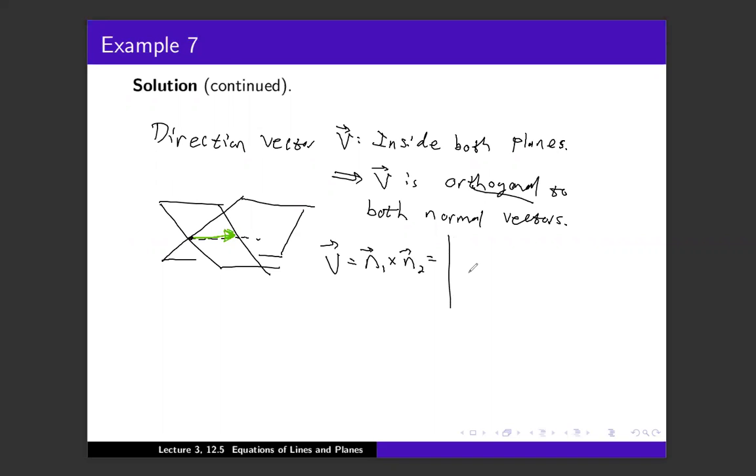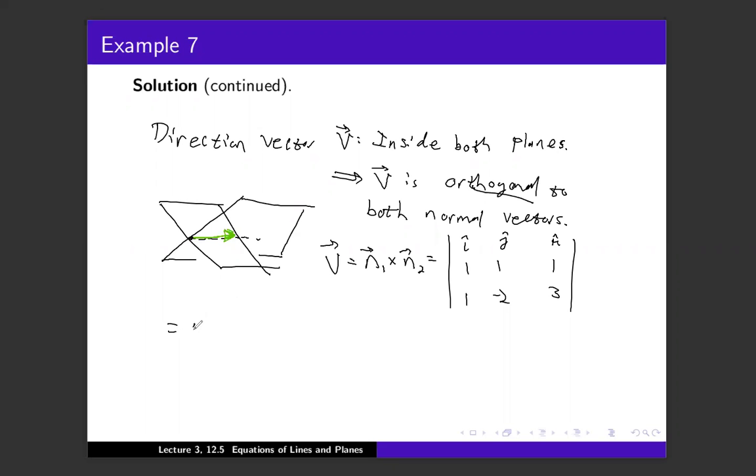Writing this out explicitly, we've got i, j, k, 1, 1, 1, and 1, negative 2, 3. So you cross these things, just continuing that along. What does that give us?